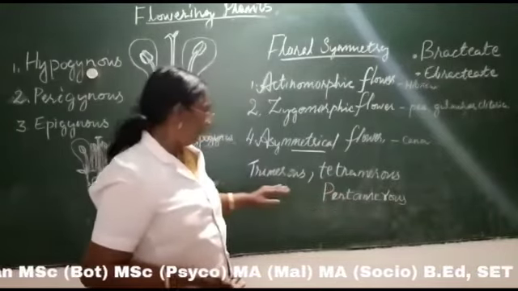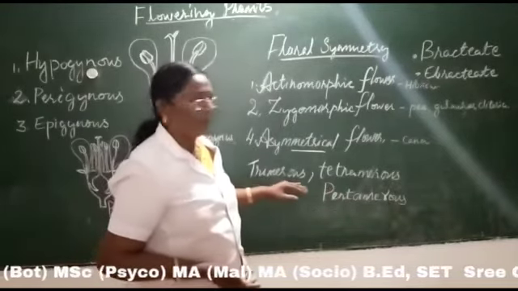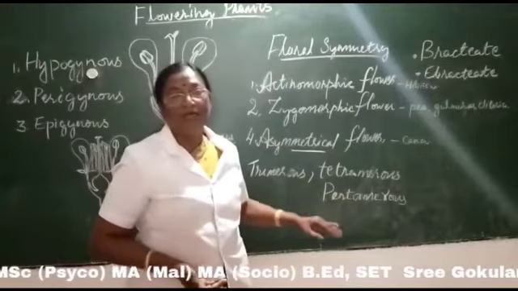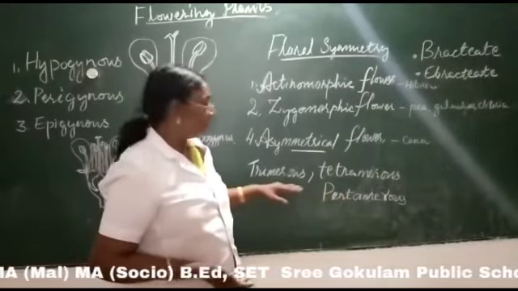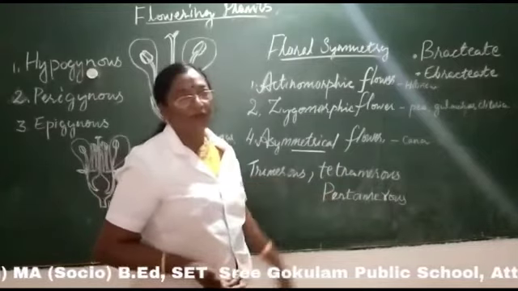When the flower has each whorl arranged in numbers of 3, it is known by the name trimerous flower.